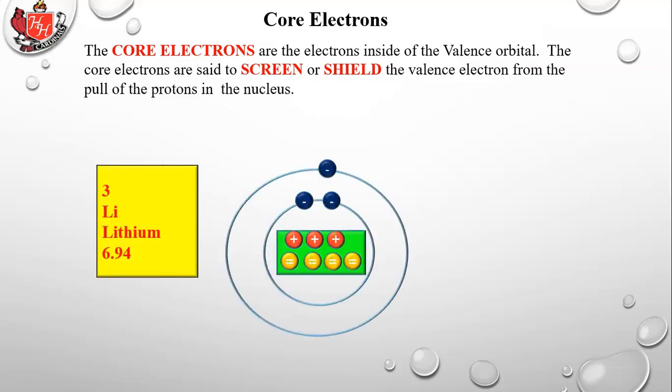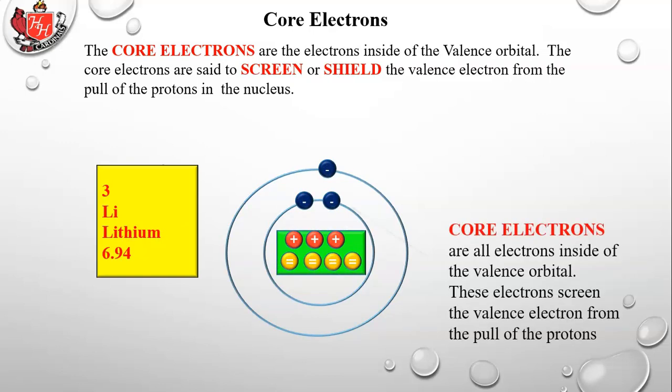So there again you see the lithium atom. Core electrons are all electrons inside of the valence orbital. These electrons screen the valence electron from the pull of the protons. So in the case of lithium, lithium has 2 orbitals, and so the valence orbital is the second orbital. That simply means it's the outermost orbital, and that one electron out there is called the valence electron.